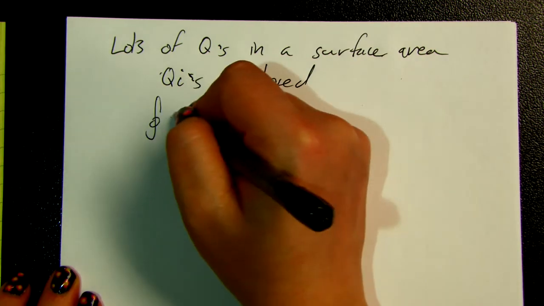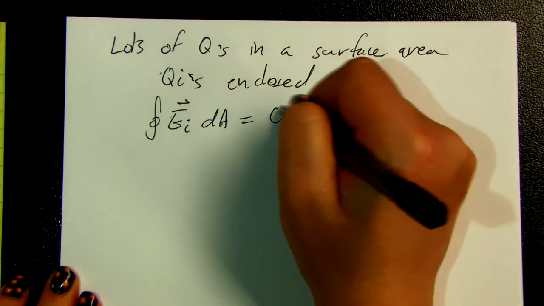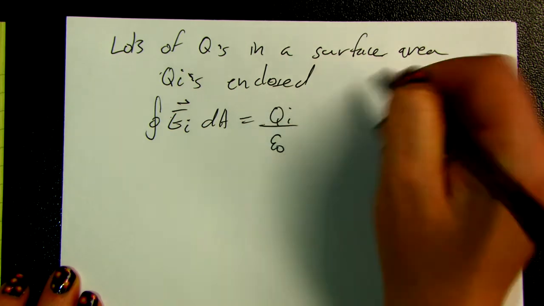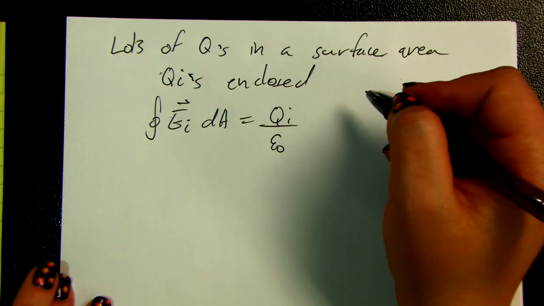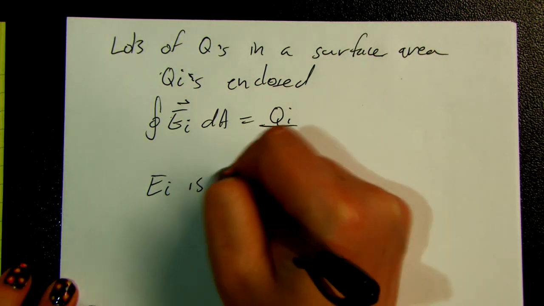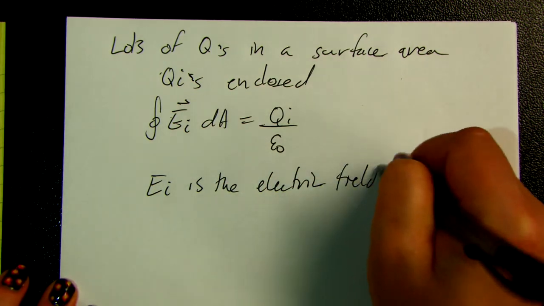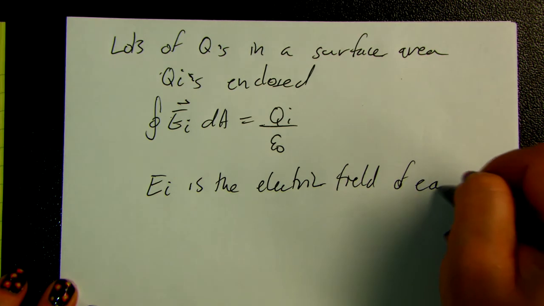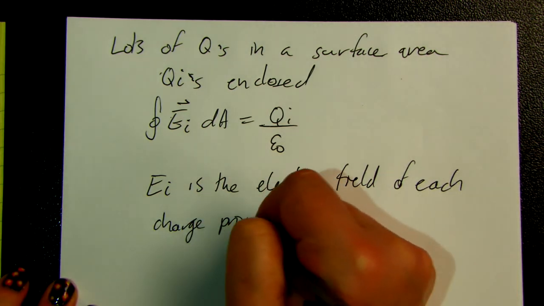In that case, the surface integral of Ei dot dA would be equal to Qi over epsilon naught. So Q is the sum total of all the charge, and Ei is the electric field produced by each charge Qi.